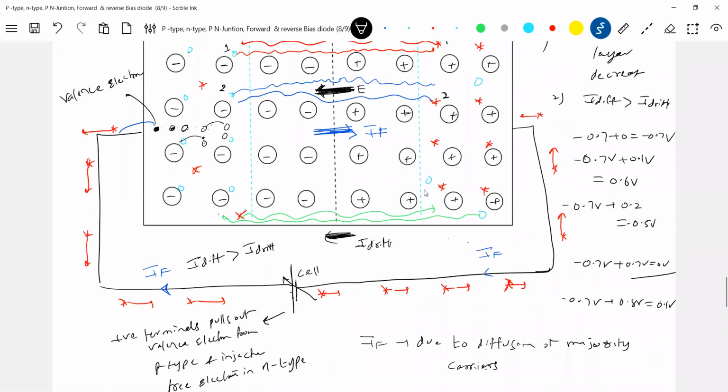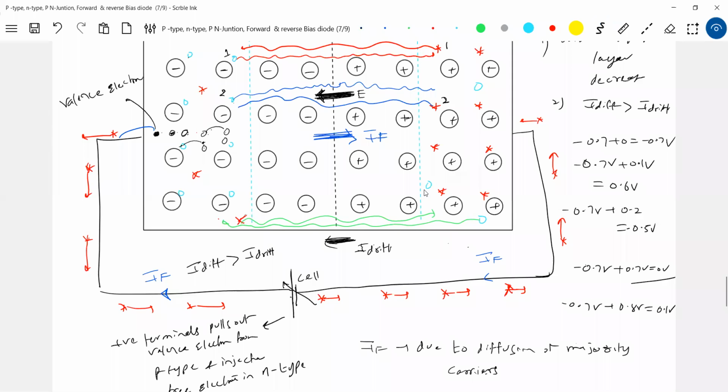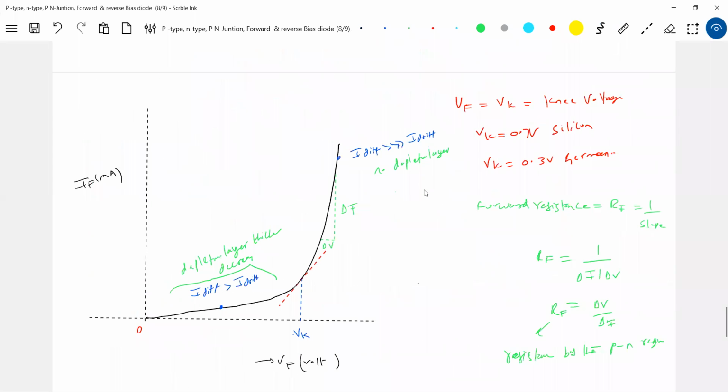So the forward current is due to the diffusion of the majority carriers. There will be drift current, but it will be very, very small. I already showed that here. And the resistance is offered by the P and N regions.